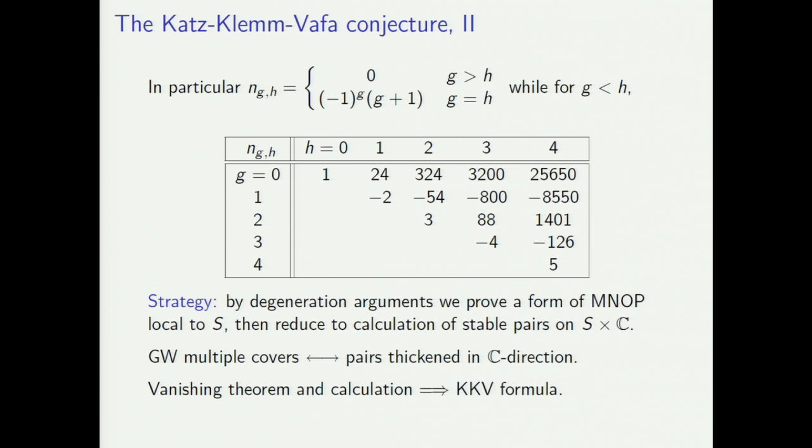Whereas in Gromov-Witten theory, they would have lain scheme theoretically on S. They would have just been multiple covers. Here they get fattened in this direction. But then certain advantages of stable pair theory, in particular something called its symmetric obstruction theory, which I'll explain, make computation on this side actually possible. So I'll explain that. And that gives a certain vanishing theorem, and then you can calculate.